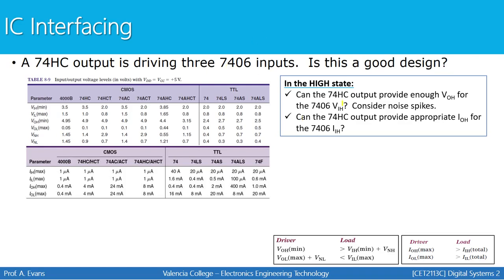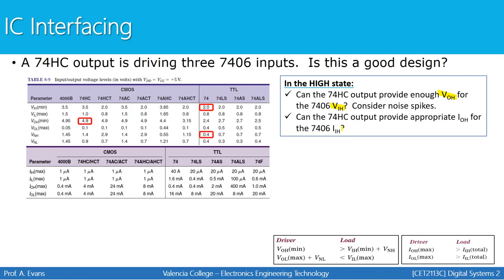Can the 74HC output provide enough voltage in the high level output voltage for the 7406 high level input voltage, even with a noise spike? And can the 74HC output provide the appropriate level of high level output current for the 7406 high level input current? So these are the two questions we're trying to consider.